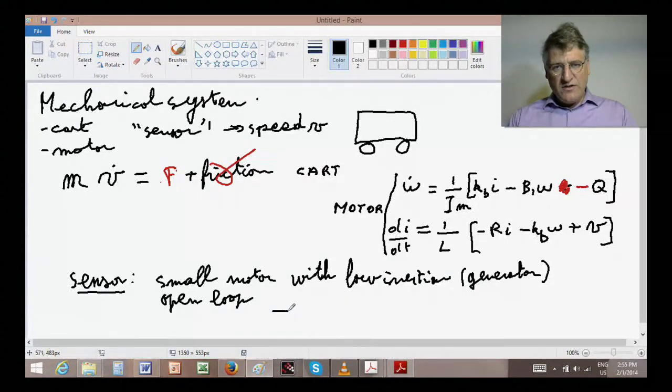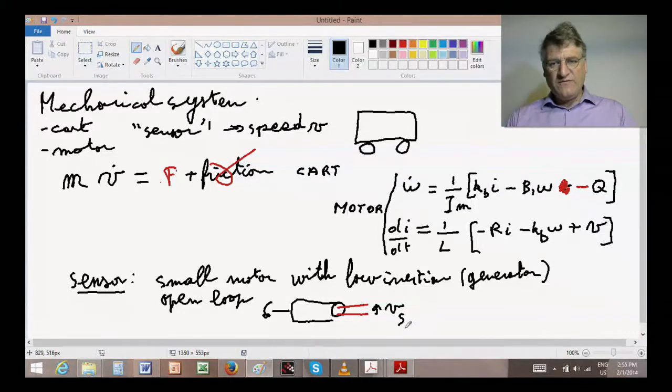That is, the motor shaft will be rotated by the cart, and out of it will come two connections across which we will measure a certain voltage. Okay, and we will call it voltage sensor to differentiate it from other voltages we're going to see.